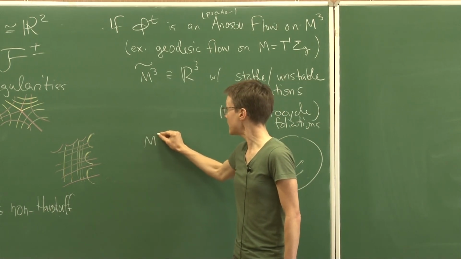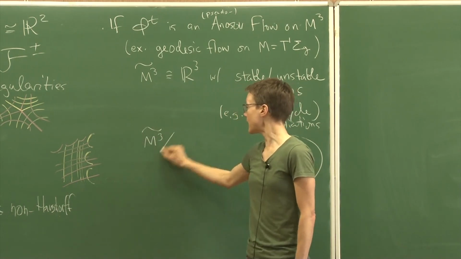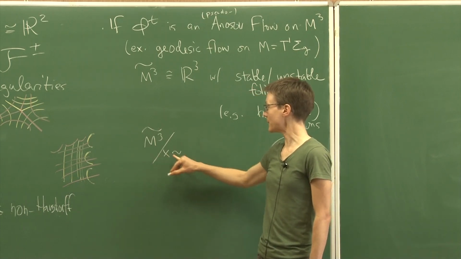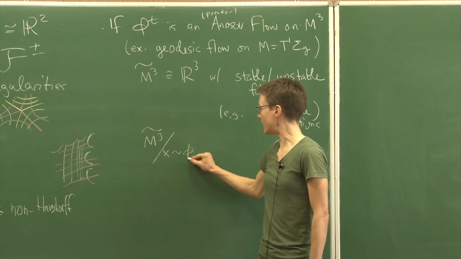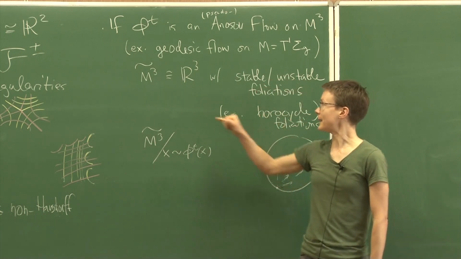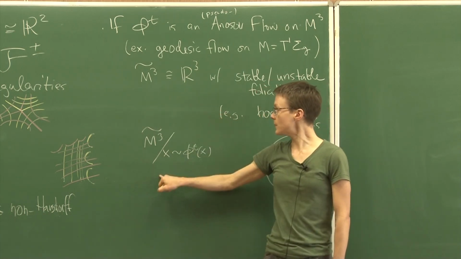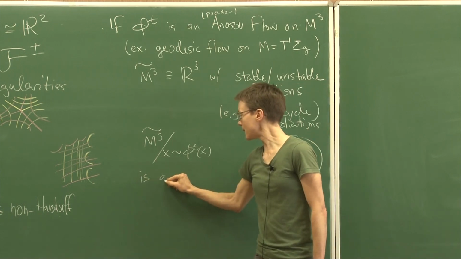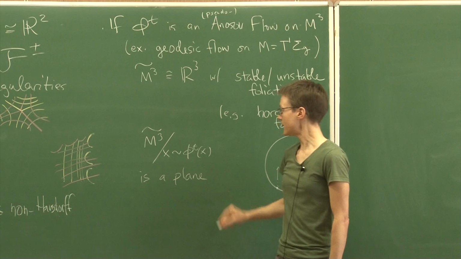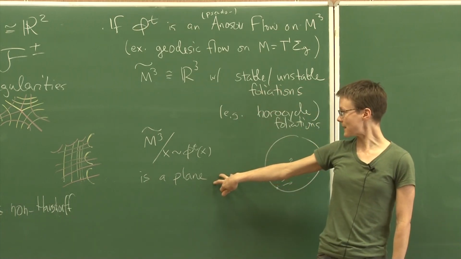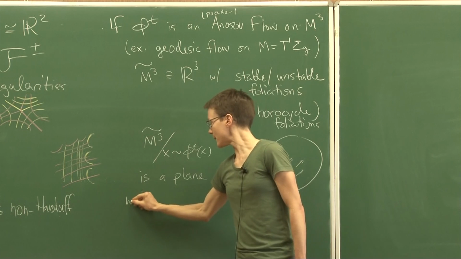So if I take my universal cover and I collapse orbits to points, so I identify each point x with its whole image under the flow, I get something no longer three-dimensional but two-dimensional. This is a topological plane. Okay. And these two-dimensional foliations descend to one-dimensional foliations.